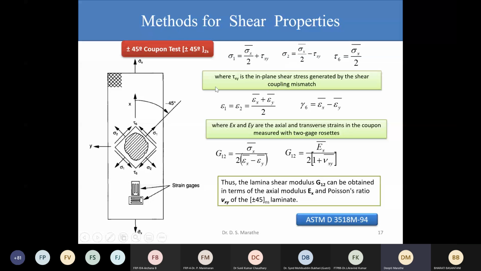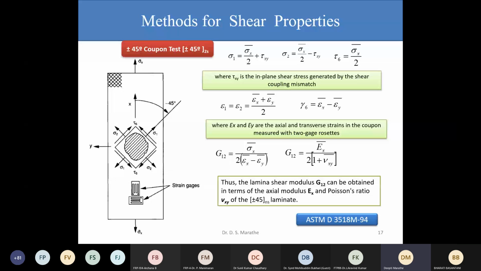From that I get the shear strain, and then using this particular formula I get the value of G12. In this test, I am not generating pure shear. It is not very easy to generate pure shear. I am using the off-axis test and relying on it to generate shear properties, and through my understanding of macromechanics, I try to find the value of tau and G12.